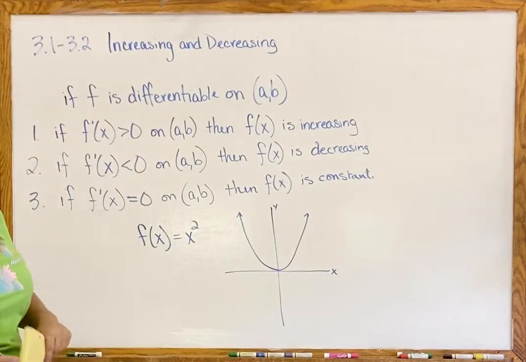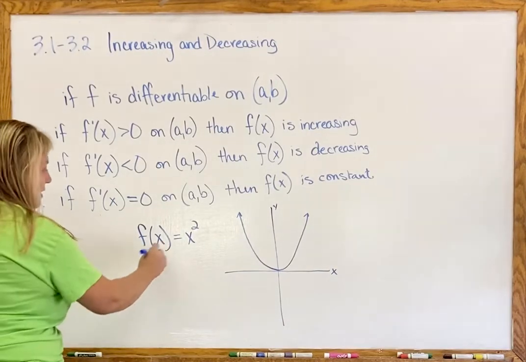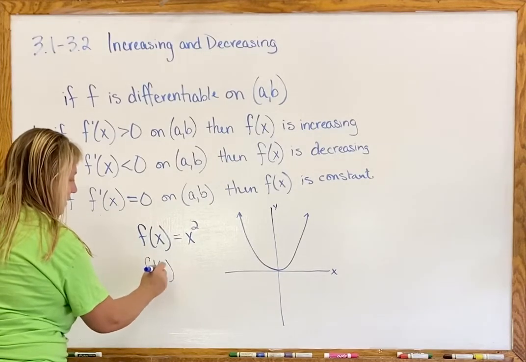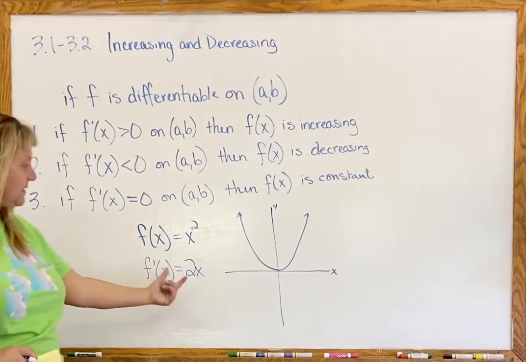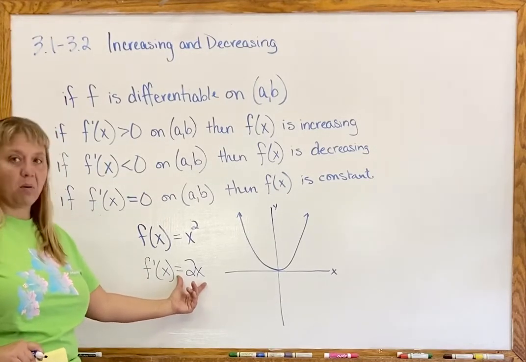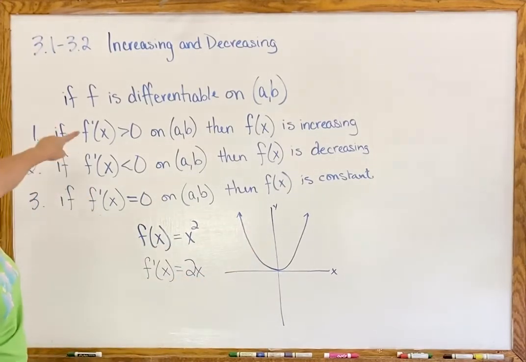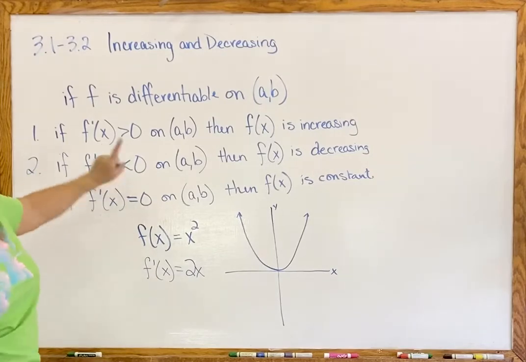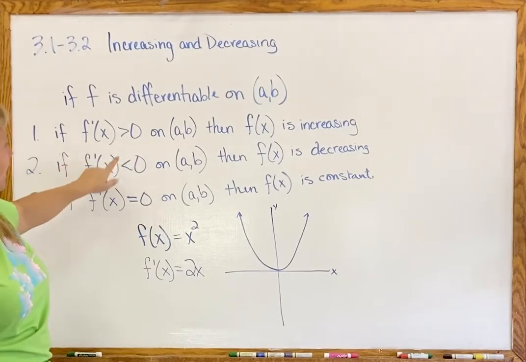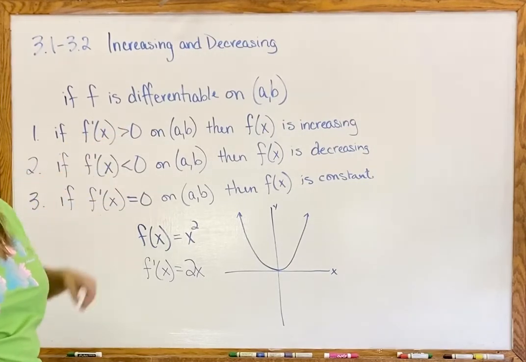So let's see how the function itself is going to teach us that. First we find the derivative, which is just 2x. That doesn't necessarily tell us where things are positive or negative yet. We've got our graph, but we can't really tell just from this. What I want to ask you is, for the derivative to be greater than 0 and then for the derivative to be less than 0, to go back and forth, what do they have to do in between?